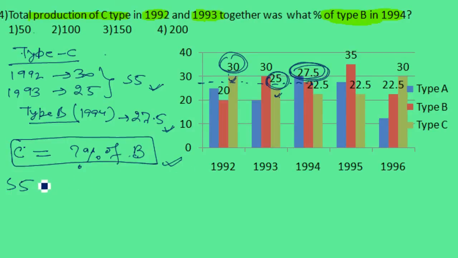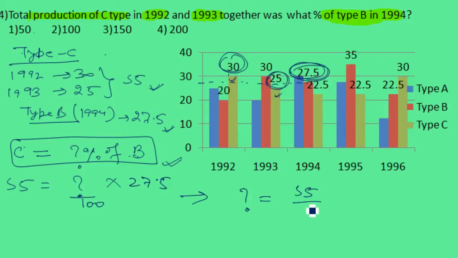Here this is 55, and B is 27.5. On calculating you will get 55 by 27.5 into 100, so that is 200 percent. So our answer is right.